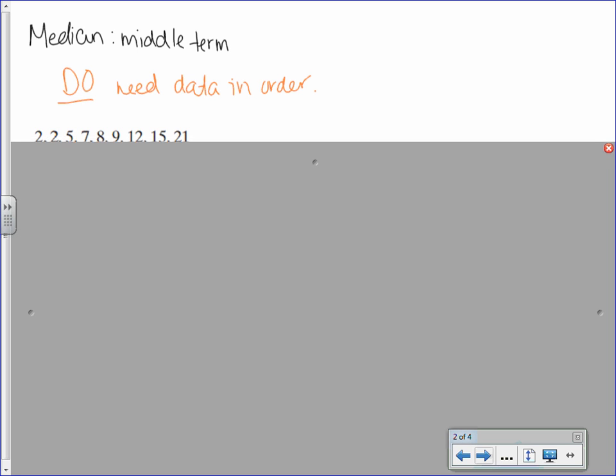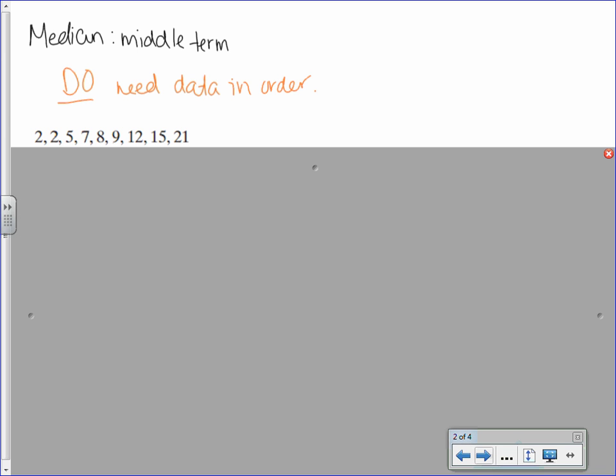Okay, so actually this is the same data from the last page, I think, except now it's going from smallest to biggest. It might not be, but it's still going from smallest to biggest, so that's what I need.